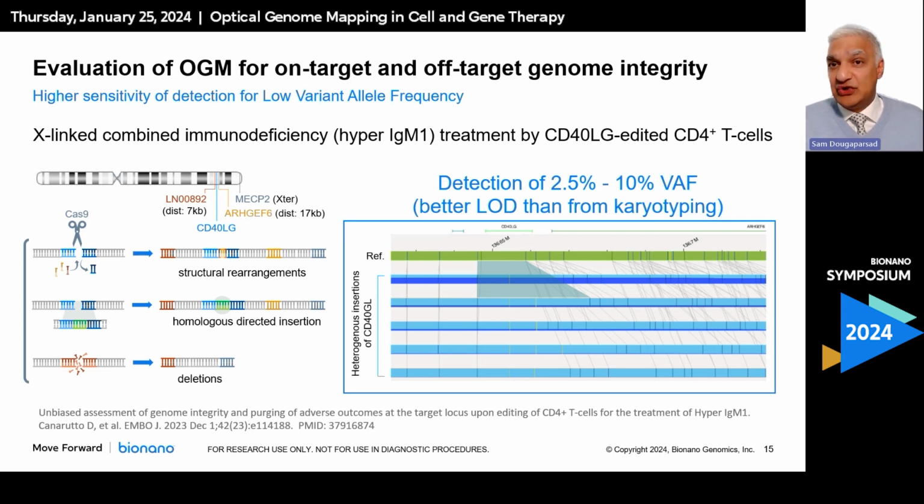So the idea is to use optical genome mapping to map these genome-wide aberrations and also map the clonal heterogeneity associated with these aberrations. And this study has evaluated optical genome mapping with a detection of as low as 2.5% of variant allele frequency, which is far better than the limit of detection provided by the standard technique of karyotyping.